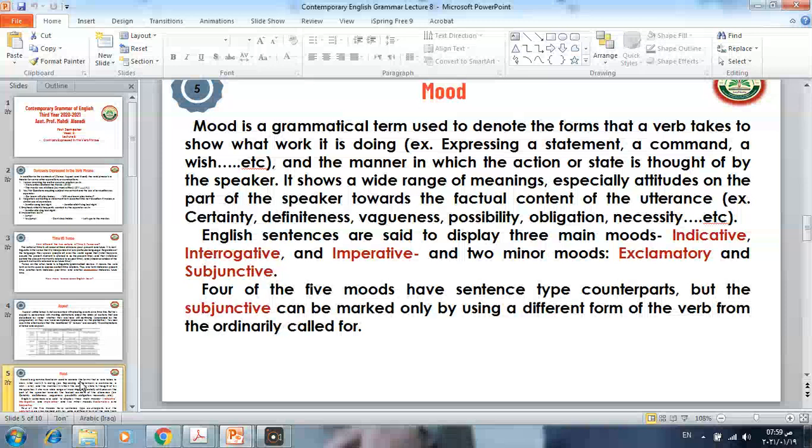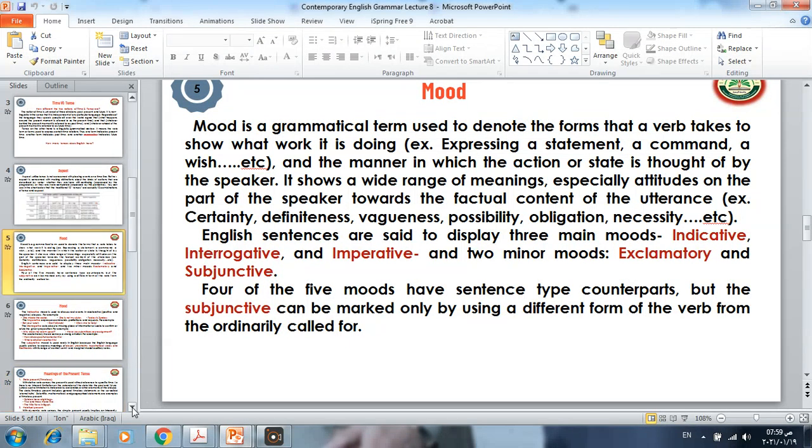The indicative, interrogative, imperative, and exclamatory moods have sentence type counterparts. But the subjunctive mood can be marked only by using a different form of the verb from the ordinary one. In the upcoming lecture, I will speak about the subjunctive mood separately.